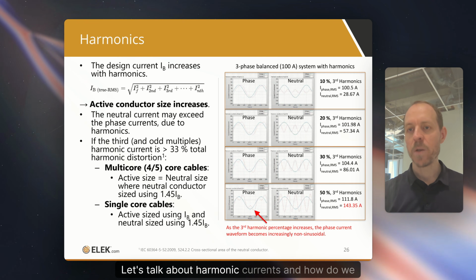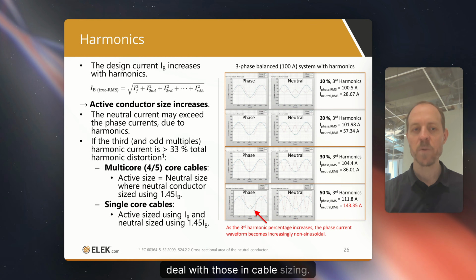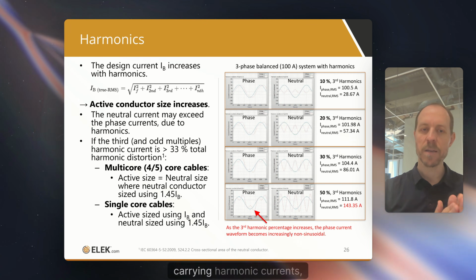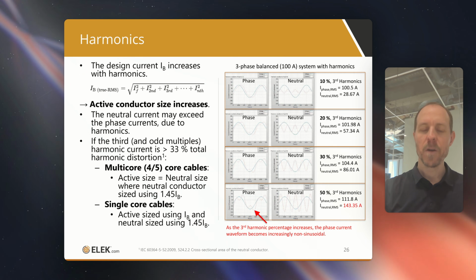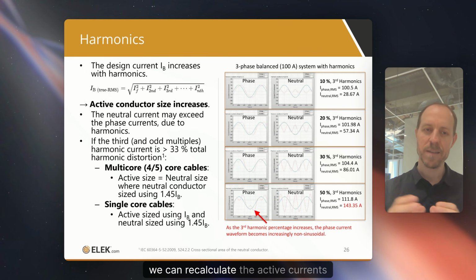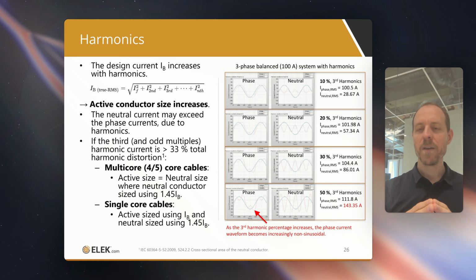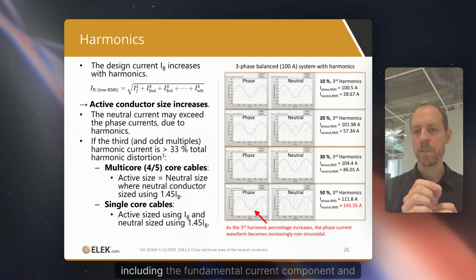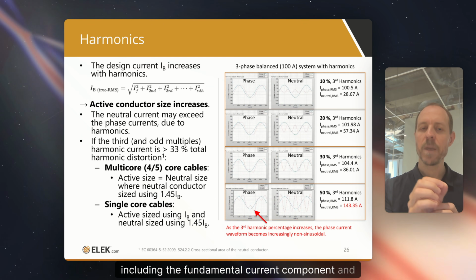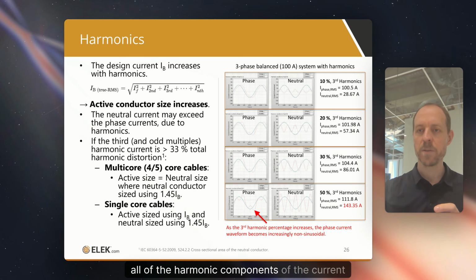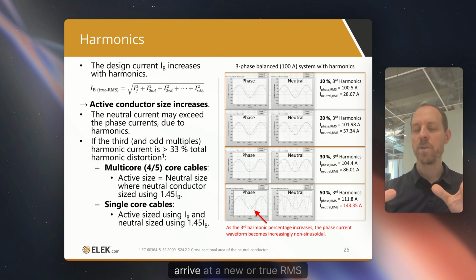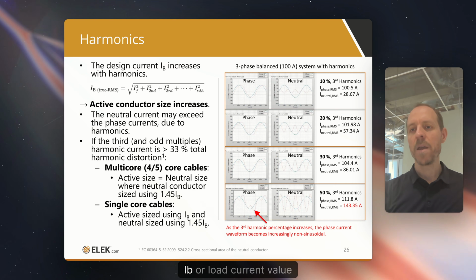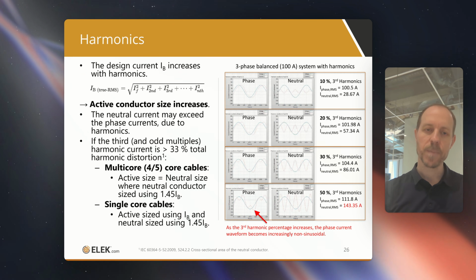Let's talk about harmonic currents and how we deal with those in cable sizing. When the active cables are carrying harmonic currents, we can recalculate the active currents by summing the components, including the fundamental current component and all of the harmonic components of the current, to arrive at a new or true RMS IB or load current value.